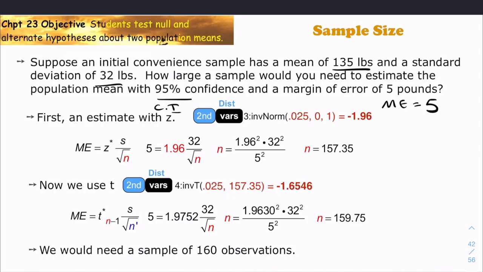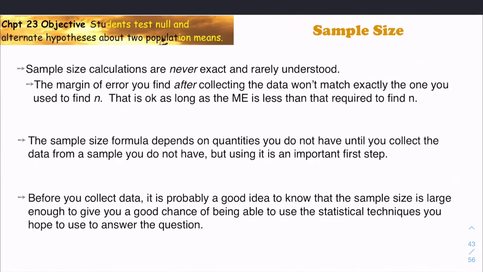So after going through that calculation, to wrap up sample sizes: sample size calculations are never exact and they're rarely understood. The margin of error you find after collecting the data won't match exactly the one you used to find n, and that's okay as long as the margin of error is less than that required to find n. Likewise, the sample size formula depends on quantities you do not have until you collect the data from a sample.